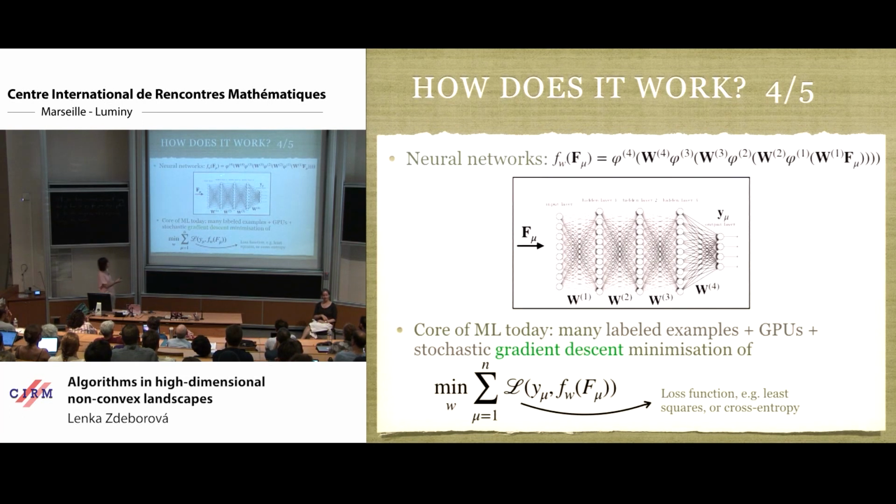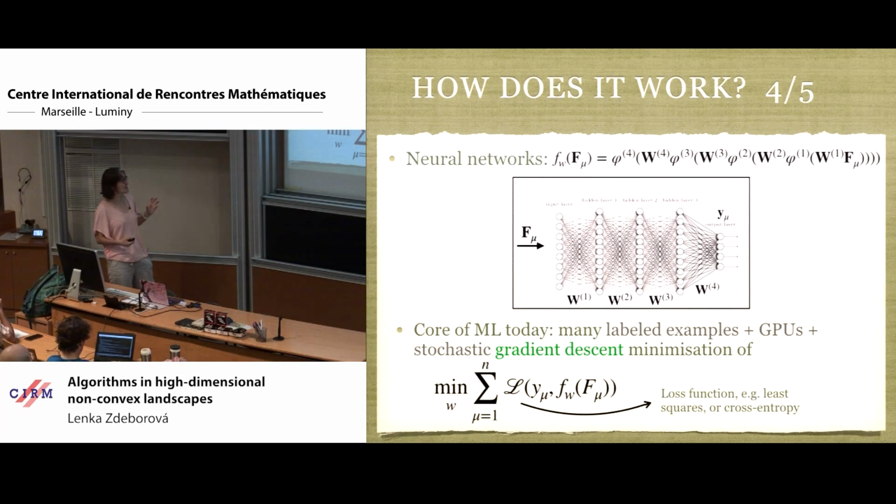The way these days these w's are adjusted is probably the simplest possible thing one would think of: one defines some loss function, you can think of the good old least squares, simply taking the output minus what the function currently gives you, squared and summed over all the examples. People use other ones, but this one is as good as the others.